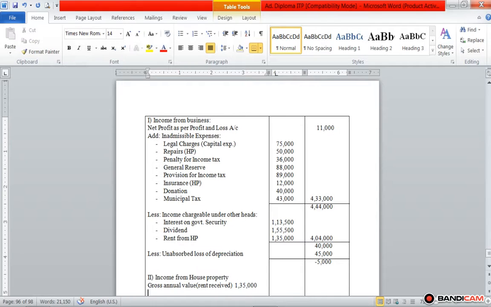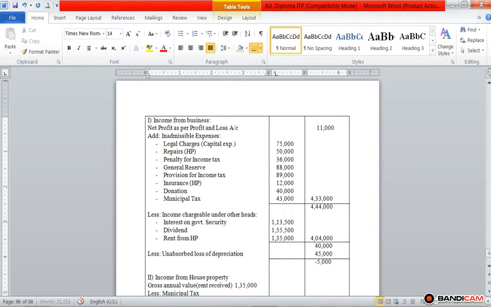Then we deduct municipal tax, which is rupees 43,000.